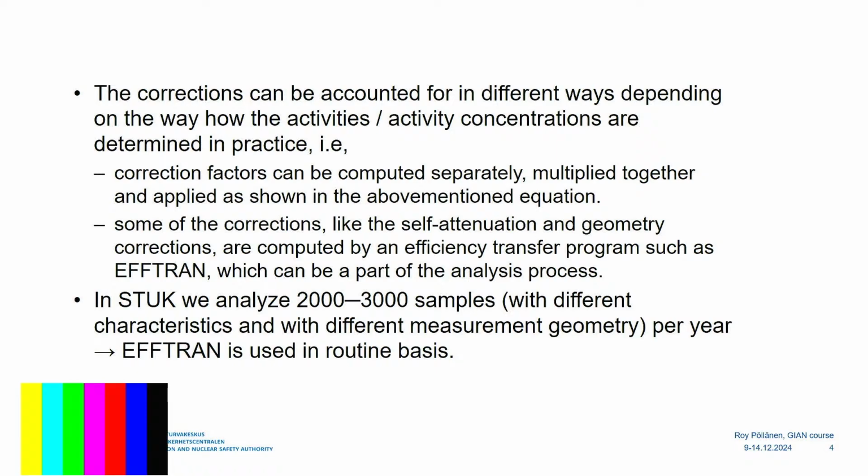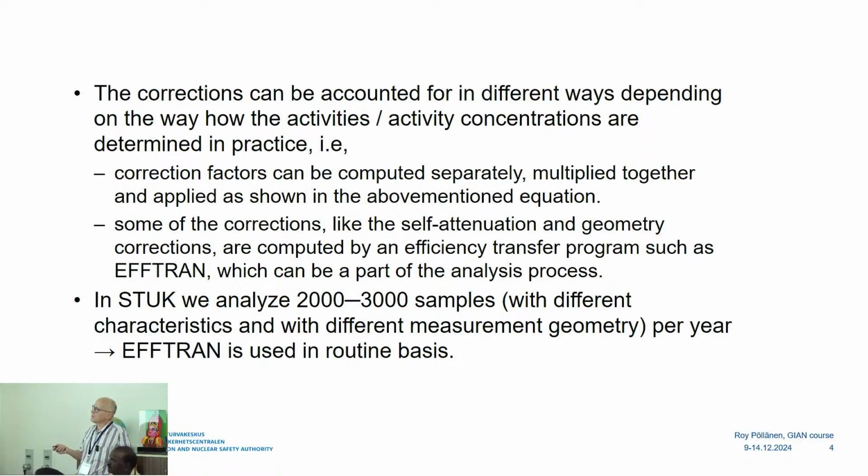Some of the corrections, like the self-attenuation and geometry corrections, can be or are computed by an efficiency transfer program such as FTRAN, which can be a part of the analysis process. So you do not need to do corrections by hand. The software can do this.